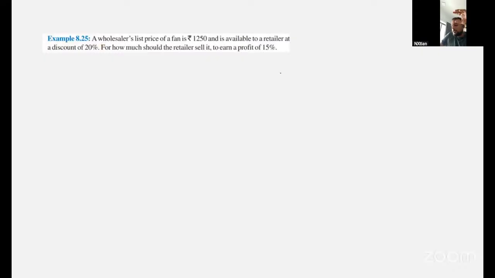For how much should the retailer sell it to earn a profit of 15%? A retailer is buying from a wholesaler at a discount of 20%. So first we have to calculate the retailer's cost price, how much he is buying for. The market price for that fan is 1,250, and then we have to calculate the net selling price from the wholesaler to the retailer. Did you understand?